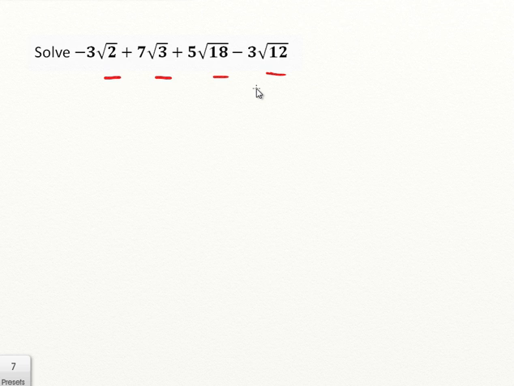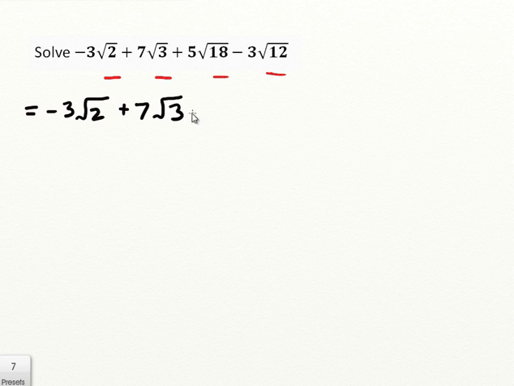I'm going to suggest that you take a closer look at the root 18 and the root 12. When you see larger values like this, you don't want to be too hasty, because you're going to find out that you can actually combine these together. The negative 3 root 2 and the 7 root 3, those mixed radicals cannot be reduced any further. Notice that the root 2 and the root 3 cannot be reduced.